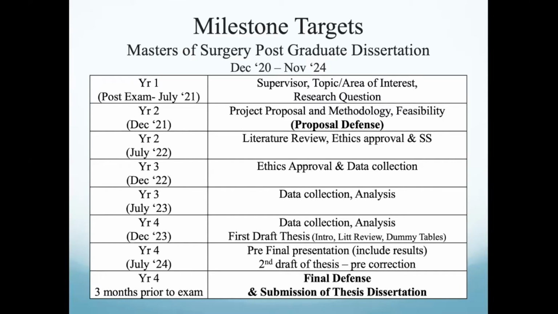This is assuming that you have passed your exam currently. In which case, by July, we expect you to have a research question, and we expect you to already have spoken to your supervisor about your topic and area of interest, as well as your research question.